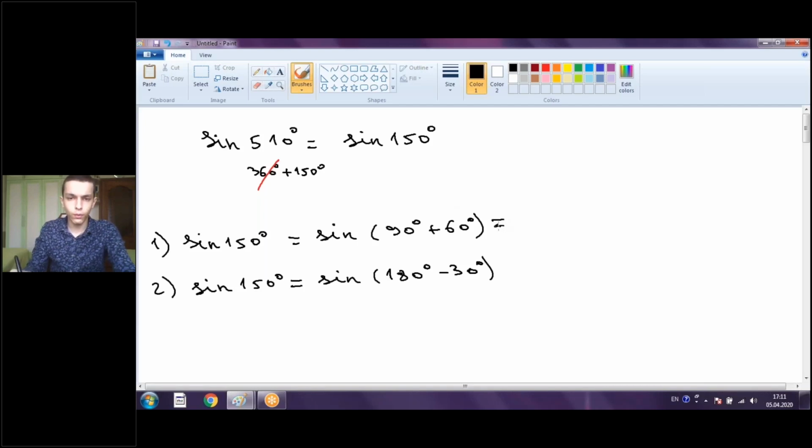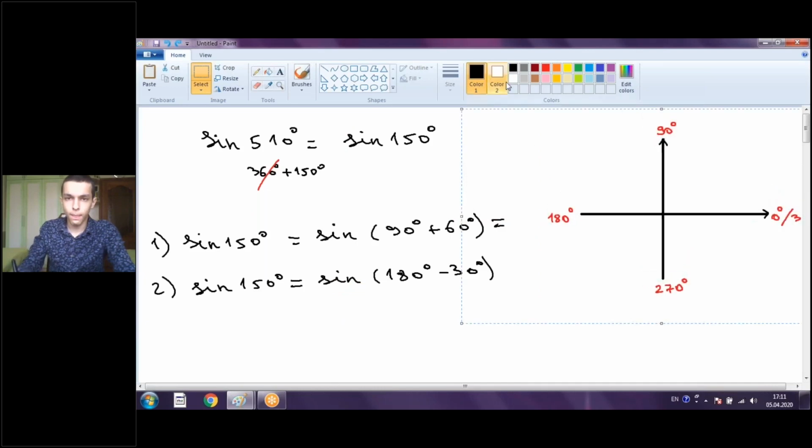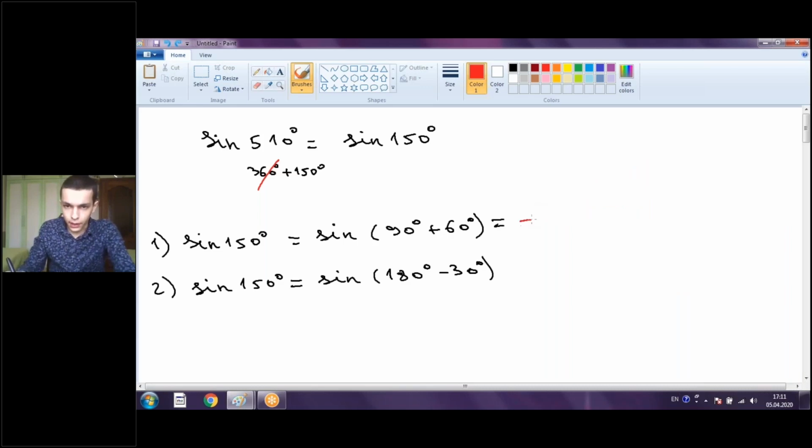So let's solve first of all this one. This is the second quadrant. Why? Because of 90 degrees. 90 degrees plus, you will be in the second quadrant. So you say, okay, it's plus, it's positive.